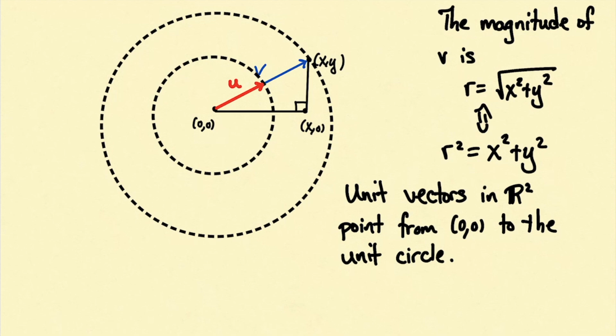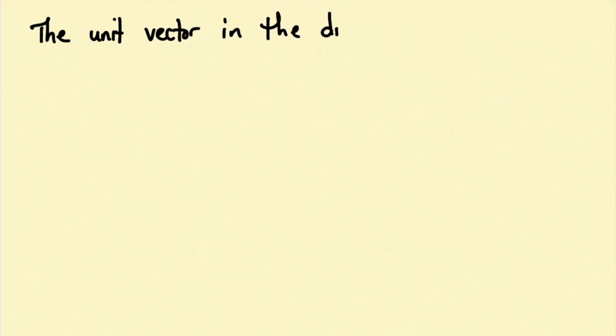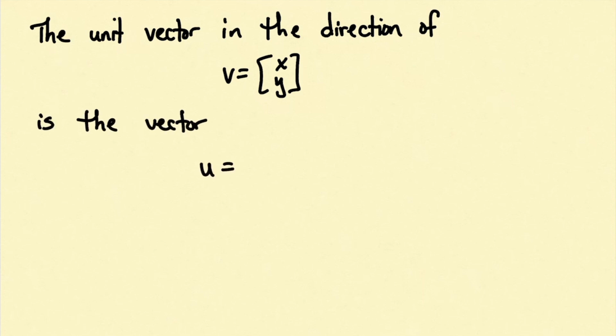In analogy with the example in one dimension, these unit vectors provide our direction, and we can obtain any other vector by scaling one of those unit vectors. And if we want to find which unit vector points in the direction of any vector that we like, all we have to do is scale our original vector by 1 divided by its magnitude.